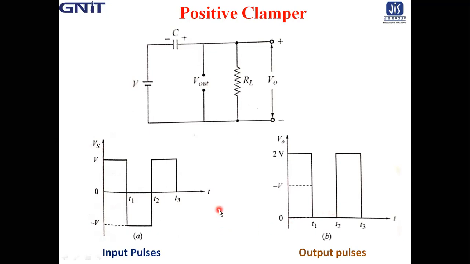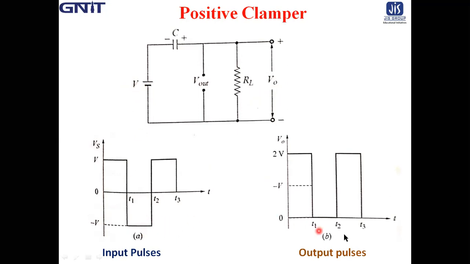Now apply KVL to the equivalent circuit of the positive clamper during the positive half cycle of the input pulse, corresponding to the reverse bias condition of the diode behaving as an open switch, which gives V0 equal to 2V.